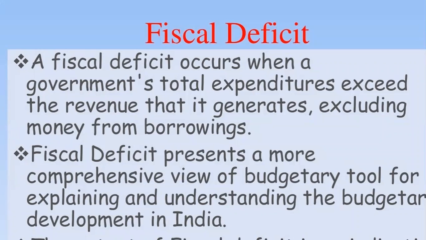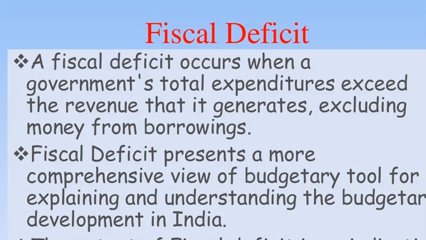Fiscal deficit refers to the excess of total expenditure over total receipts, excluding borrowings, during the given fiscal year. Its formula is: fiscal deficit equals total expenditure minus total receipts excluding borrowings. The extent of the fiscal deficit is an indication of how far the government is spending beyond its means.